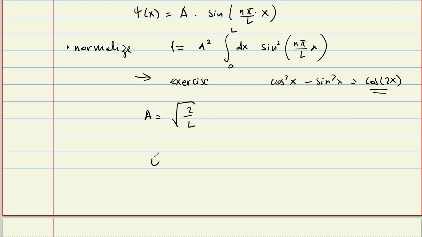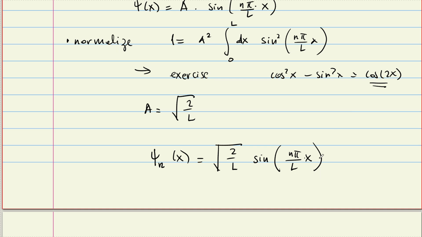Now you can see I have numbers in my solution. The normalized solution psi n of x is square root of 2 over L times sine n pi over L times x.